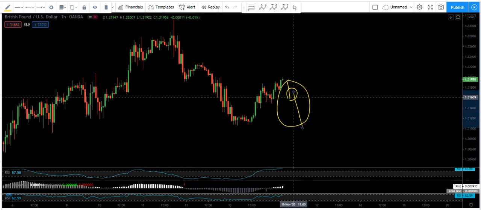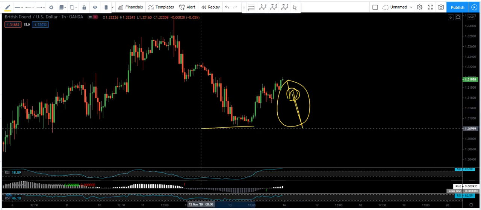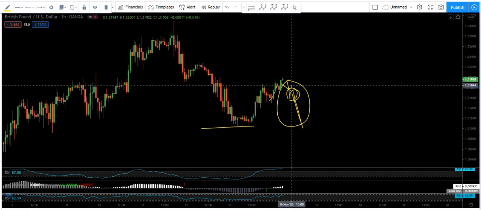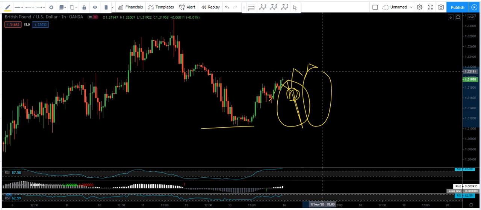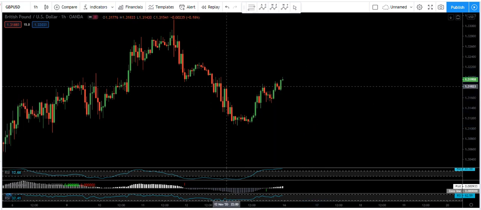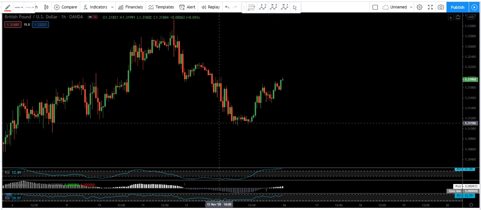If the price drops from here, we get the flag, we get the sell. As long as the price comes to this level, we need to start to manage it. But if this one corrects and moves a bit higher, for sure it can give us a better opportunity for the sell.